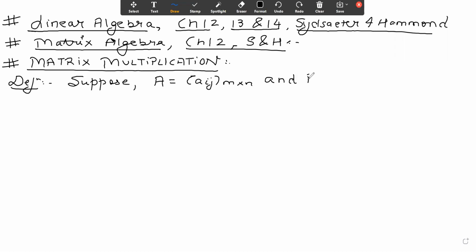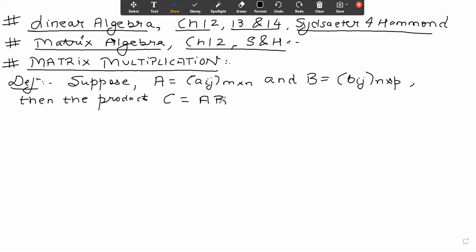And we have another matrix capital B, which is Bij, which is N cross P. The order of the first matrix is M cross N. The order of the second matrix is N cross P. Then the product, denoted by matrix C, which is A into B, is the M cross P matrix.